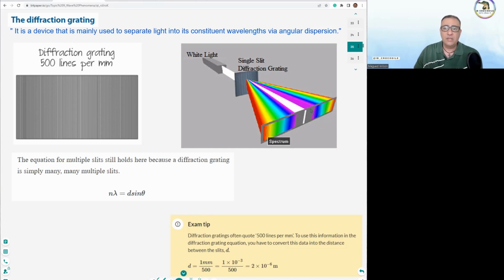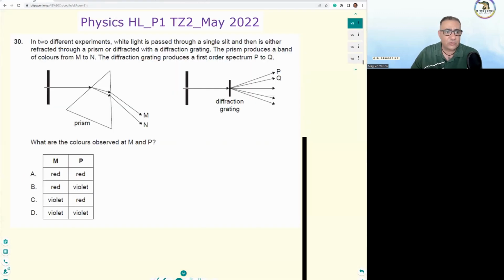If I remember only this schematic, I can clearly see the red light is on the extreme edge, with the biggest angle of diffraction. So that could be enough to say that P here has to be red, because when you look at the options here, we have only two colors, red and violet, which are the extremes of the visible light. So that's one quick way.